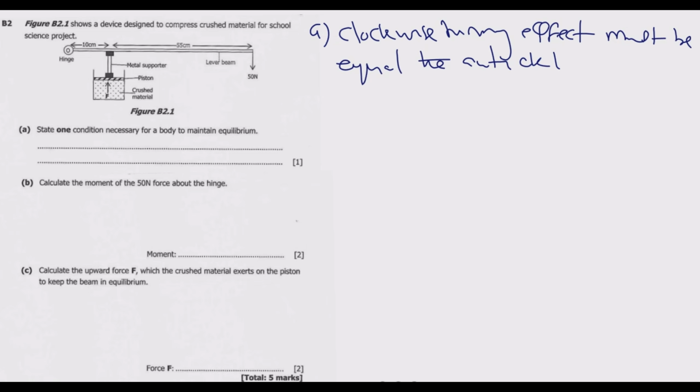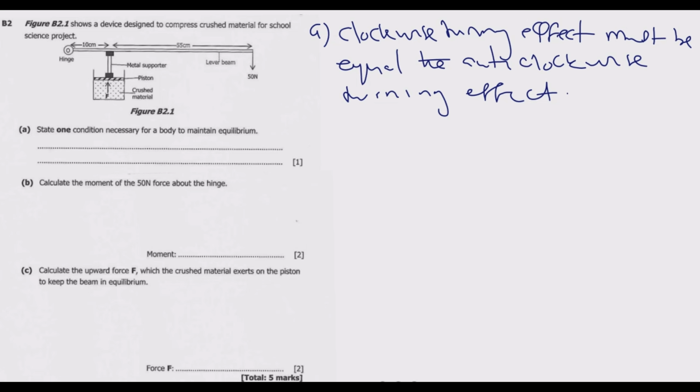When these two are equal, then the body will be in equilibrium. Once these two are equal, what are we going to have? We are going to have 0 net moment. So the net moment will be 0, meaning there will be no swing anywhere because the net resultant moment will be 0.